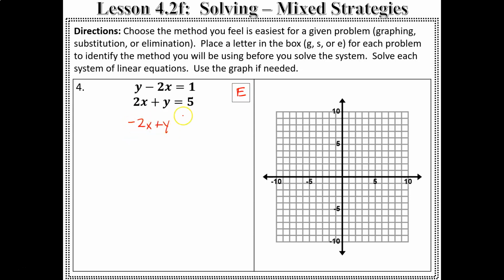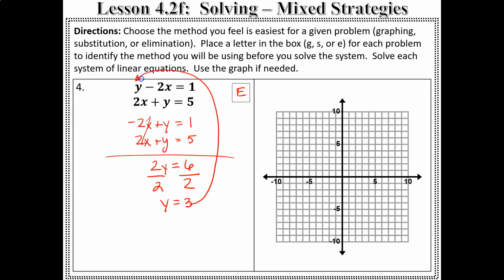I didn't change anything except flip the two variables around so the x's and y's lined up. So my 2x's already cancel. So now I have 2y equals 6, and I divide by 2, so y is 3.